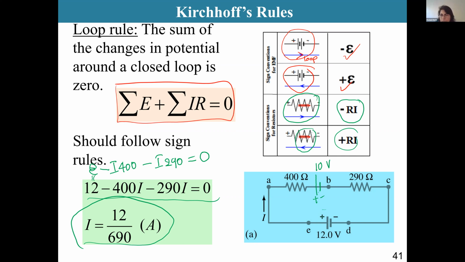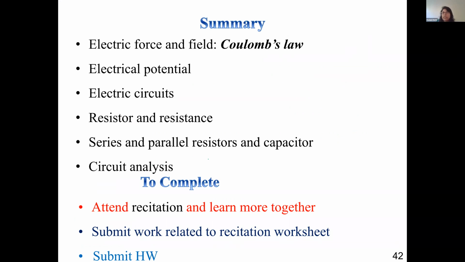That battery has the positive terminal in the opposite direction to the loop. Then you know you need to add another term here, negative epsilon 2, which is the 10 volts, right? So according to that, you need to keep adding the terms with the sign, and then you will get the correct answer. Okay, I think that's it for this section, and I will stop here.